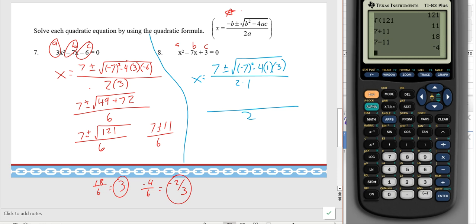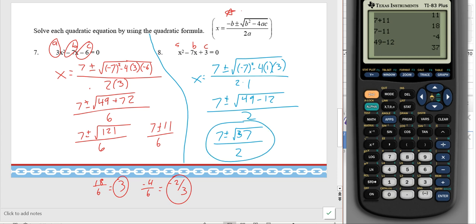So I'm going to have a denominator of 2. 7 plus or minus the square root of 49 minus 12. Right, so 49 minus 12 is going to give me 37. So I'm going to get 7 plus or minus square root of 37 over 2. And square root of 37 is going to give you an irrational. So we are just going to leave it like that.